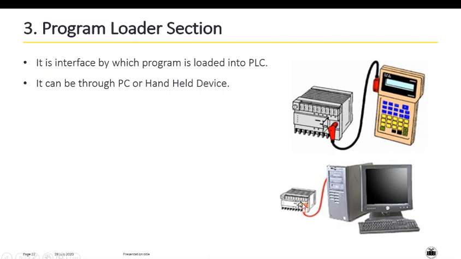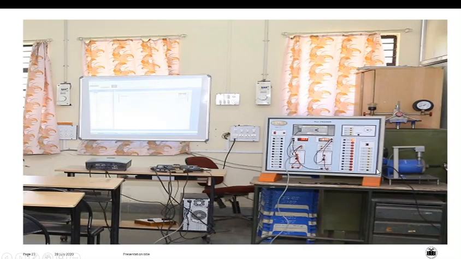Okay, so this is the program loader section, from which you can send the program into the PLC by using the HHT or by using the PC. So this is the PLC which we have in the lab of the instrumentation department. We have an Allen Bradley PLC.